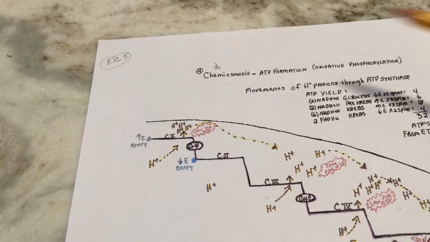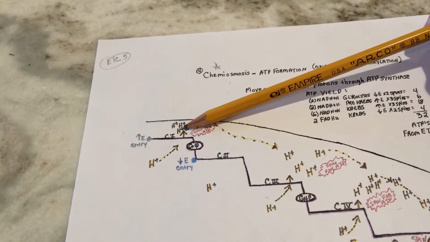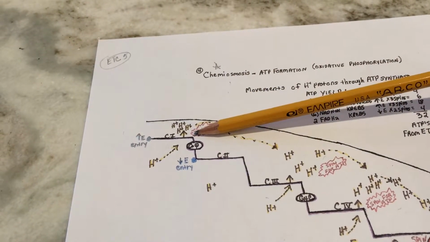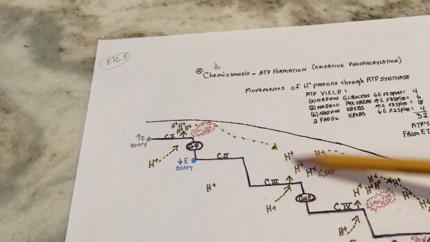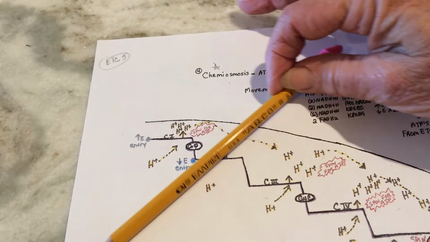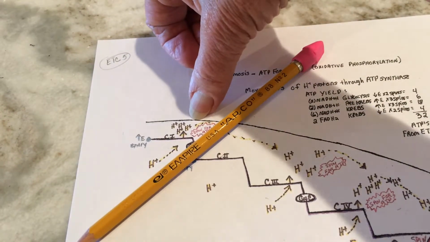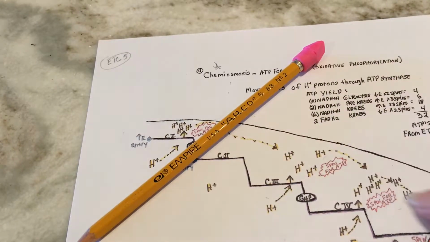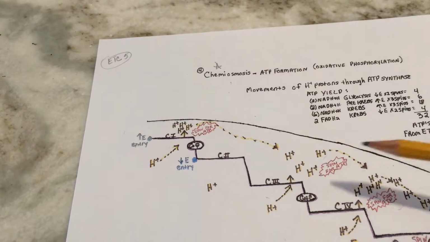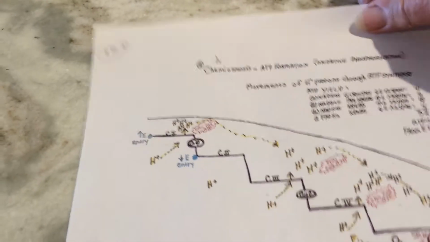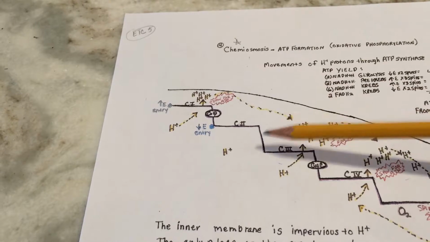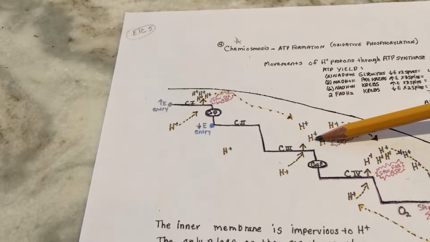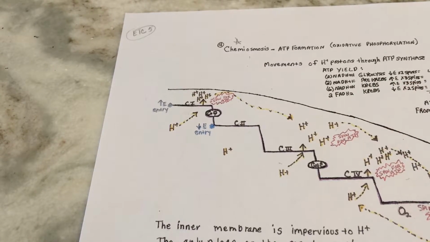And if you're a high energy bus and unload your hydrogen electrons here at the top of the gradient and they go all the way down, a high energy bus can produce 3 ATPs. If you're a low energy bus though, you skip this first step. The hydrogen electrons come in here and go down, and low energy buses can only make 2 ATPs. So, remember, our crista is impermeable to hydrogen protons except right here.